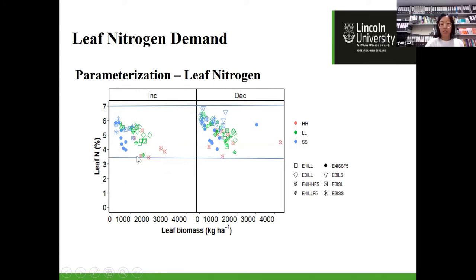And the minimal leaf nitrogen concentration is about 3.5% for all the experiments that we had. This includes the 84-day treatment and also the 28-day treatment. In increasing and decreasing photoperiod, the range didn't change much, although in decreasing photoperiod, higher leaf nitrogen concentration values were found.